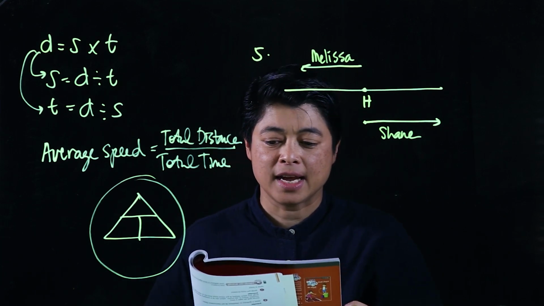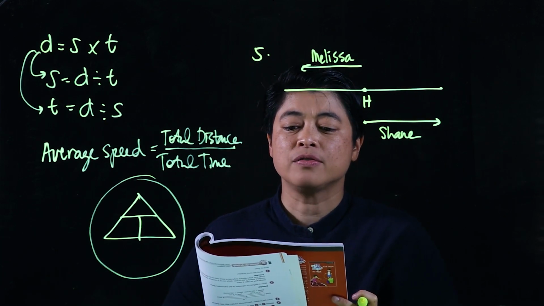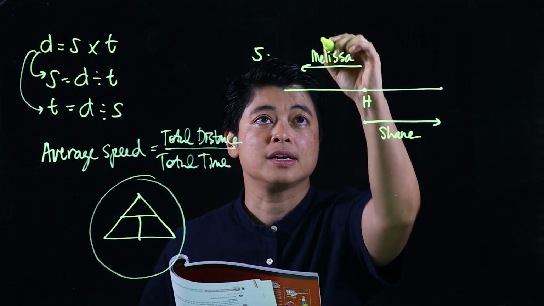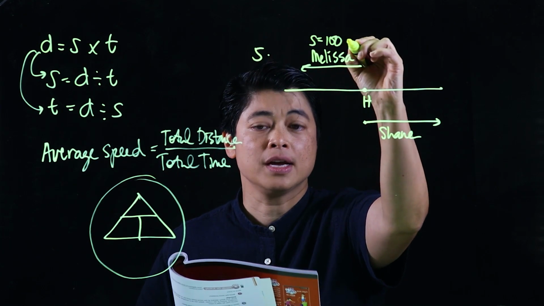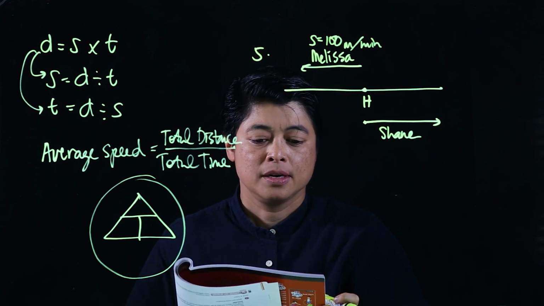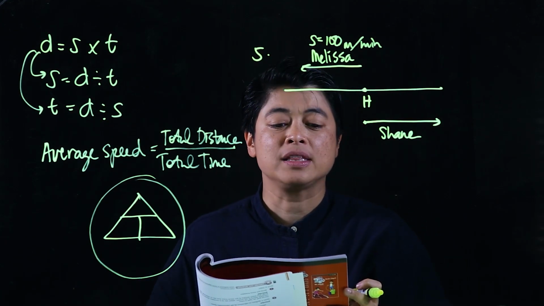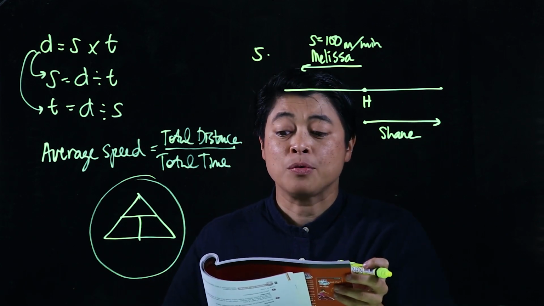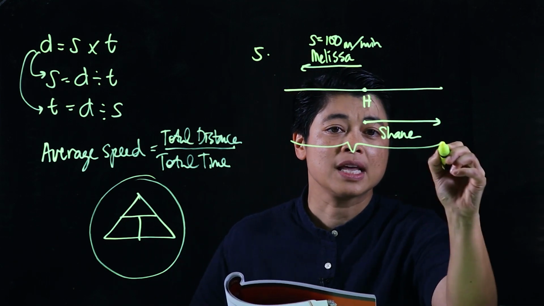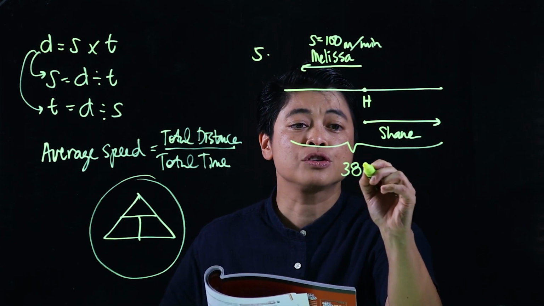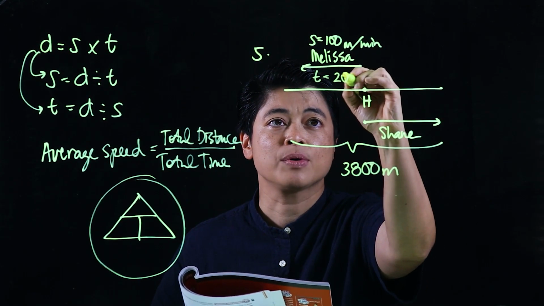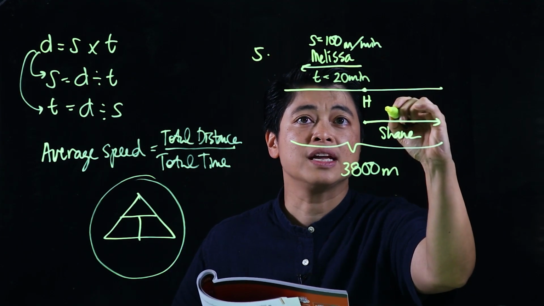Then it says, Melissa jogged at a speed of 100 meters per minute. So I'll put it here: speed is 100 meters per minute. At the end of 20 minutes, they were 3,800 meters apart. That means the time that they both traveled must be the same, so this is 20 minutes, and so did Shane.